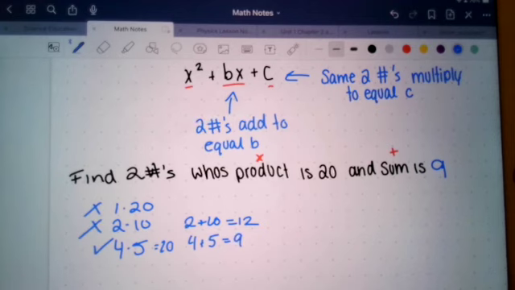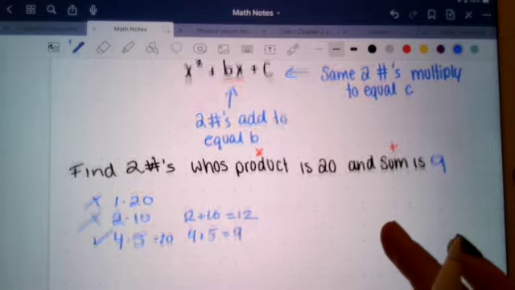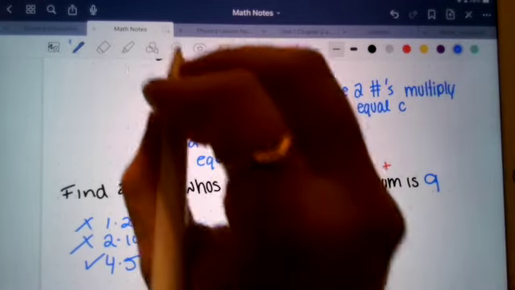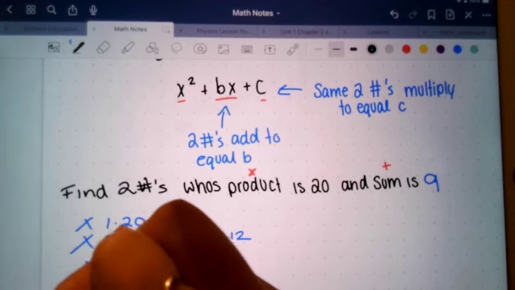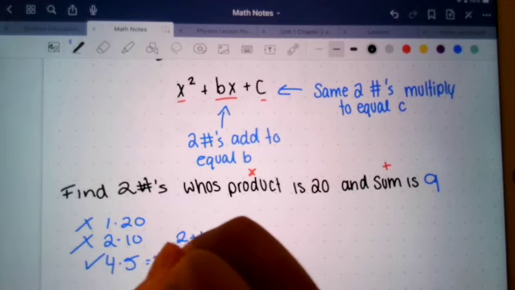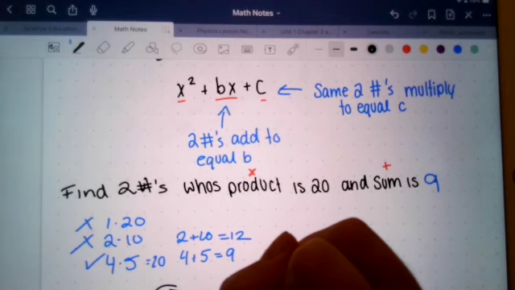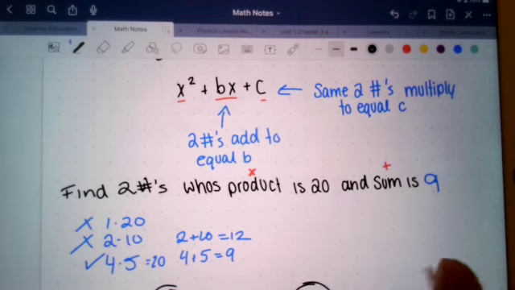Now, this is the most common way to do it, and most of the time you can do it this way. However, sometimes they're a little bit harder to find a factor that works. And so you might have to use positive and negative values in order to find that. For example, if we have a product of -6 and a sum of -5.